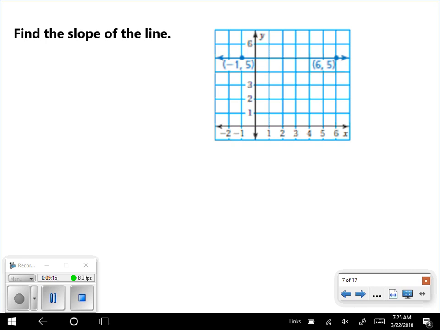If we think about this, this is a horizontal line at 5. It looks like this, y equals 5, because our y coordinate is always 5. Now, our slope here, if we were to consider our rise over our run, whenever we have a horizontal line, are we moving up at all to get to here?